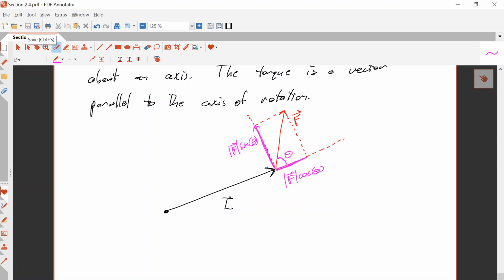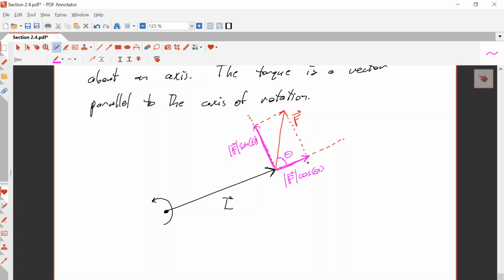That's the part of F that's going to be producing rotation, just that part of the force. You would like your force to be itself perpendicular to the lever that you're using to produce rotation. You would like it to be perpendicular to begin with, because this bit of the force is wasted, and the other bit, the parallel bit, is wasted.